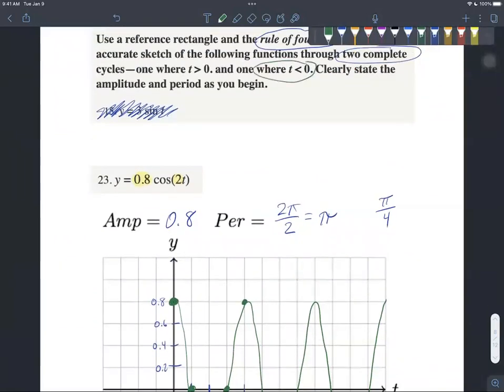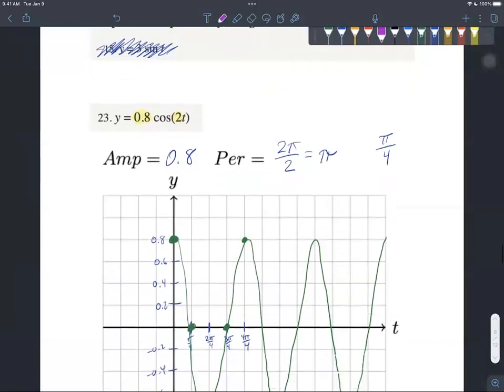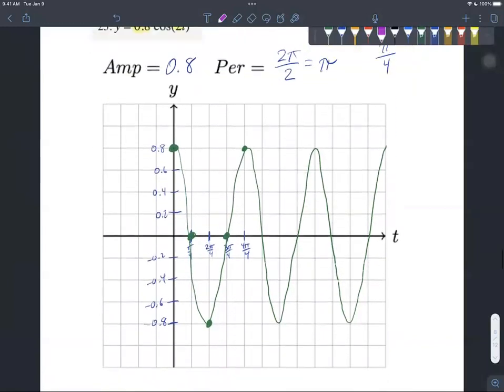At least in the textbook, they ask us for a period where t is less than 0 or t is negative. And so I'll draw that in purple, and that would just go in the other direction. Now this little graph paper that they gave was not really the best, but you can get the idea of this. This is just a little rough sketch.